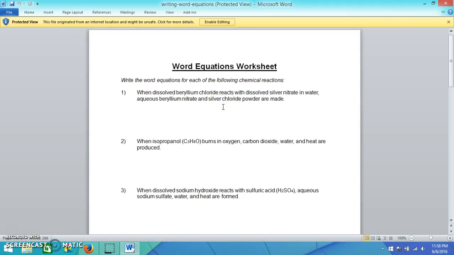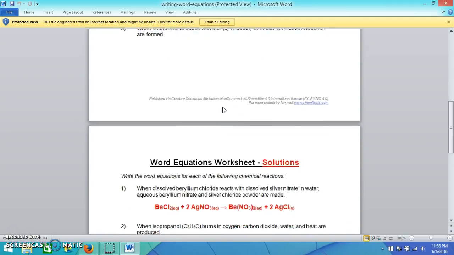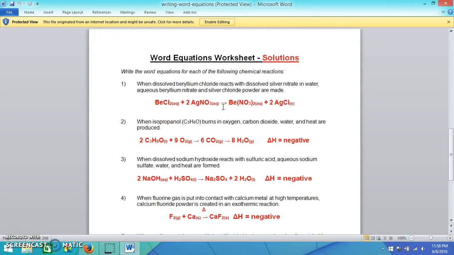So again, if you went through this on your own and you want to see if you did it right, you can go down there, and you can see that we do have those reactants and products: BeCl2, AgNO3, Be(NO3)2, AgCl. And again, you see the extra information behind each of those reactants and products: aqueous, aqueous, aqueous, and solid. AgCl, silver chloride, is our precipitate. But that's just extra information.